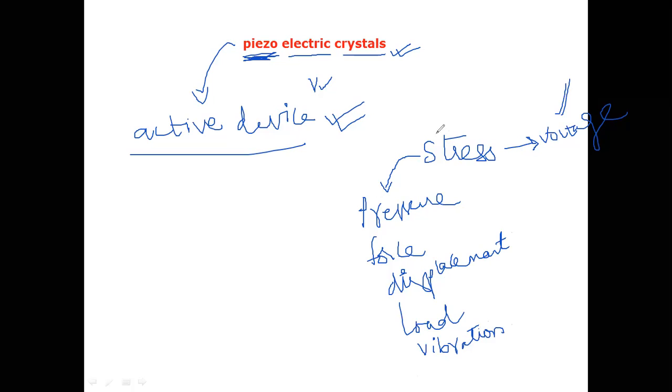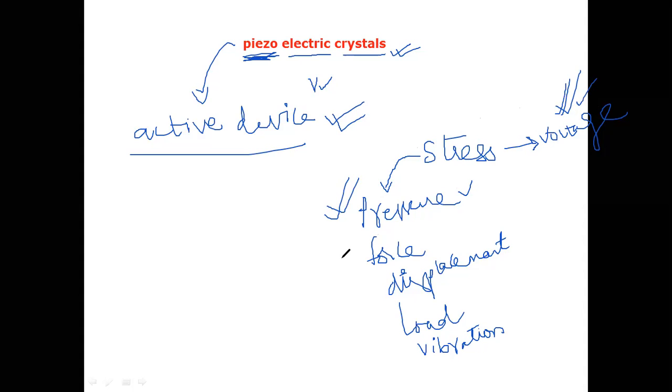So if the stress on the crystal is due to pressure, then I can measure this pressure in terms of voltage. Why? Because if the stress is due to pressure, the crystal converts stress into voltage. So the stress is proportional to the pressure applied, and the voltage which I get at the output is proportional to stress. So I can measure pressure in terms of voltage.